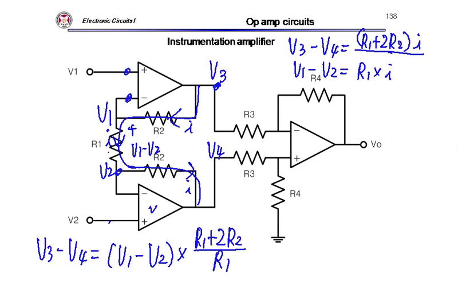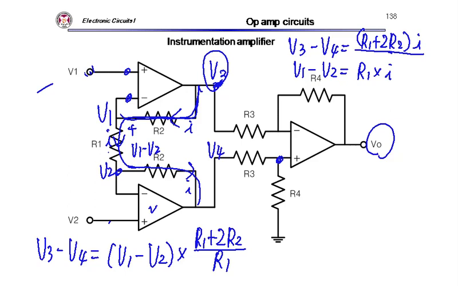Anyway, we need just a difference. V3 can be easily calculated as R2 I plus V1, but I don't need that in calculating VO.